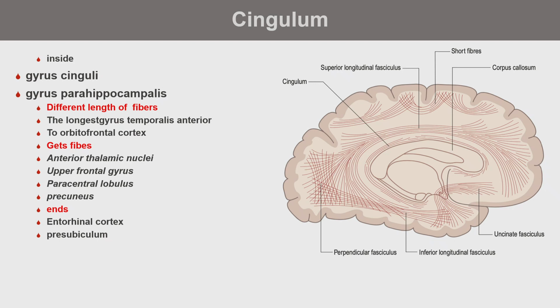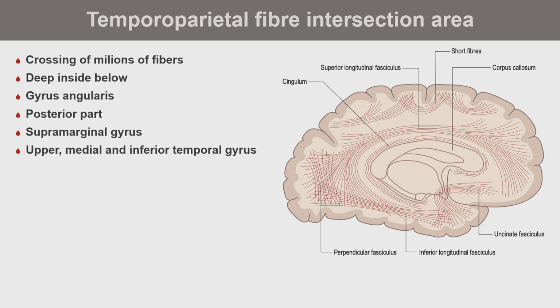So, one important communication channel is the cingulum. The cingulum is a cingulum around the hemisphere inside, and it is going from the gyrus parahippocampalis to the frontal lobe. Then we have the temporoparietal intersection area, important. In this region, you can see here that we have some fibers going this way, some going this way.